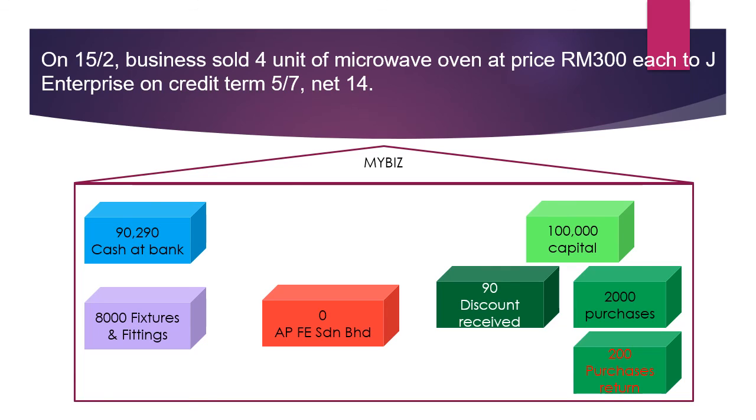So currently in the business you have a record of cash at bank 90,290, and you have 8,000 value of fixtures and fittings, but no liability, and discount received of 92,000 purchases, 100,000 capital, and also you have 200 ringgit of purchases return.